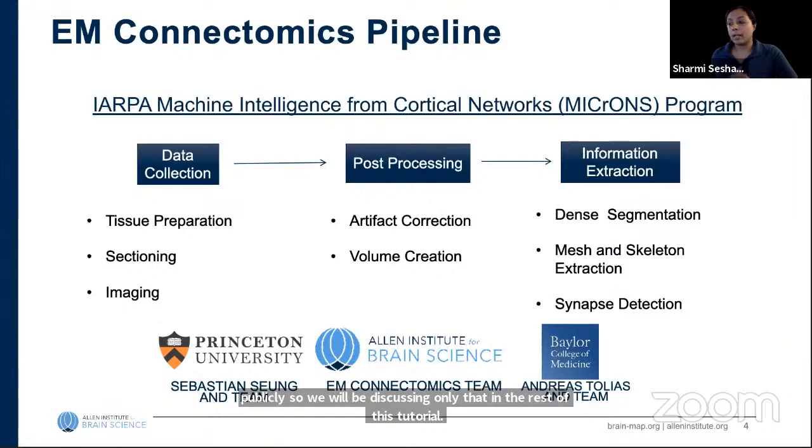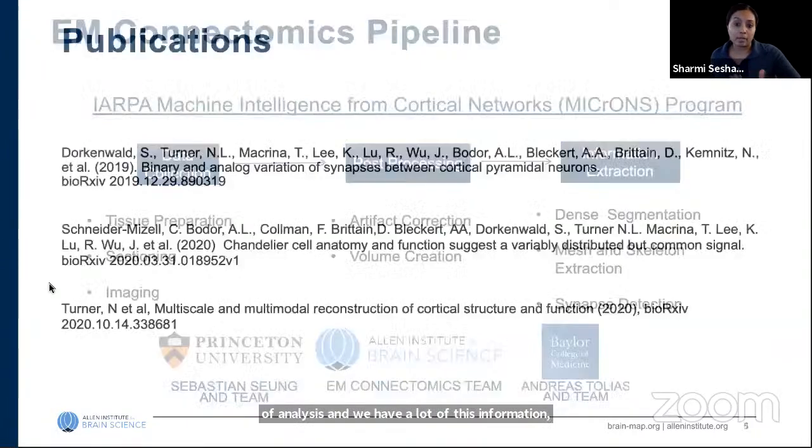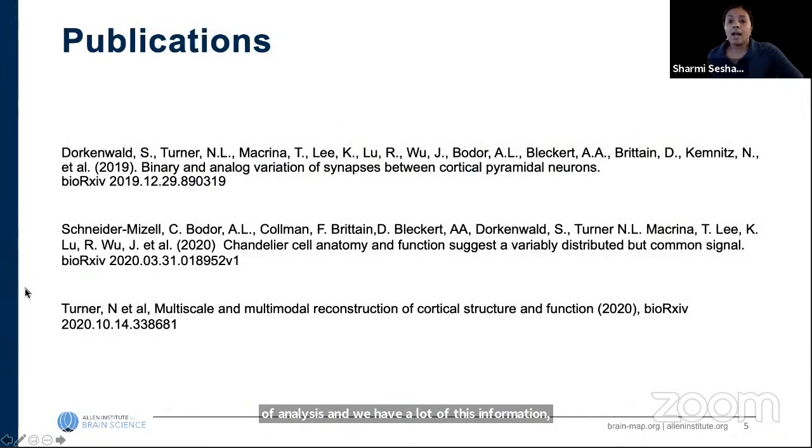The overall pipeline that was developed involves three parts: data collection, post-processing to turn it into a coherent volume, and then information extraction to start doing different types of analysis. We have a lot of this information put out there, and we'll show you how to get to it.